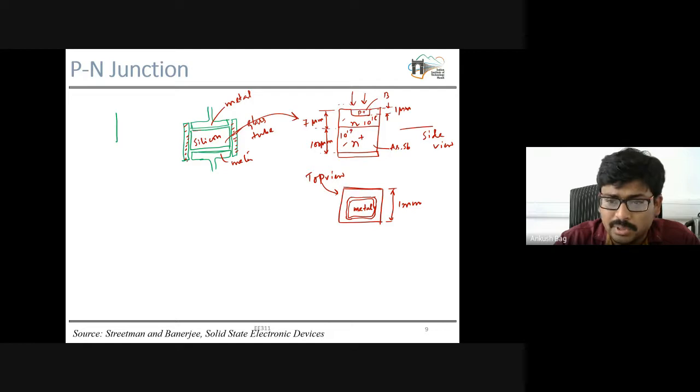In this way we get this PN junction. Obviously there is a certain reason why this is P plus and why this is N plus. We will discuss it in coming classes. So this is not the simple PN junction we discussed in theory. In reality this kind of structure is there inside a diode.